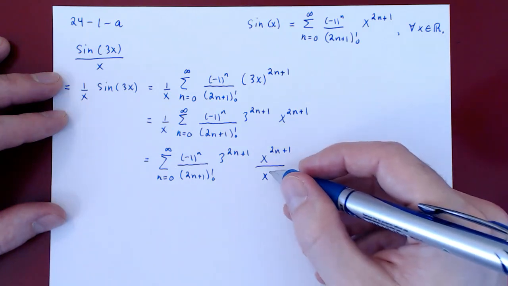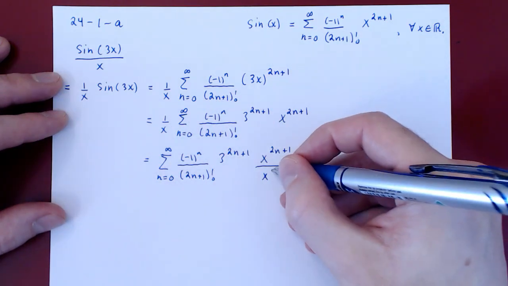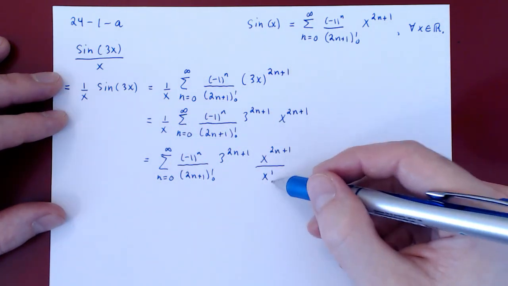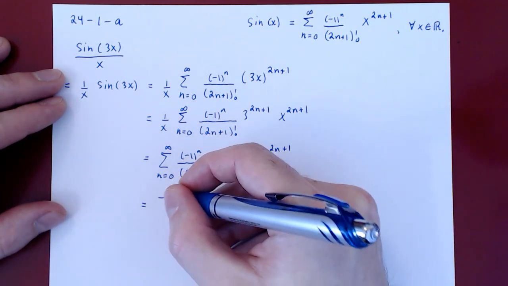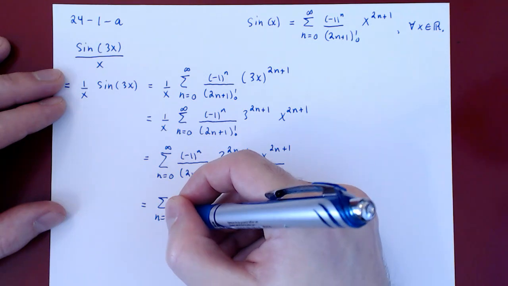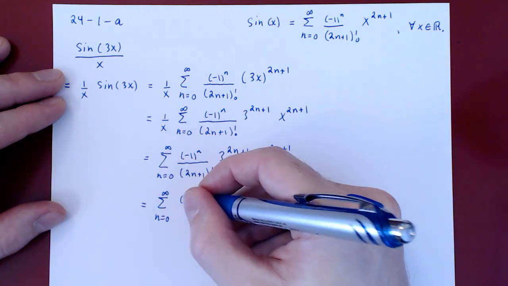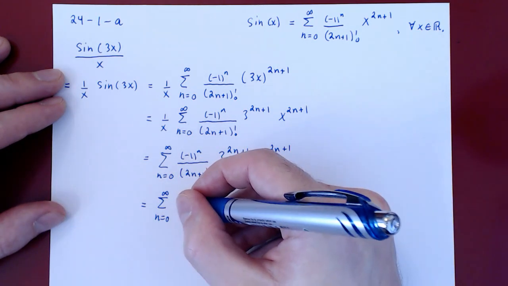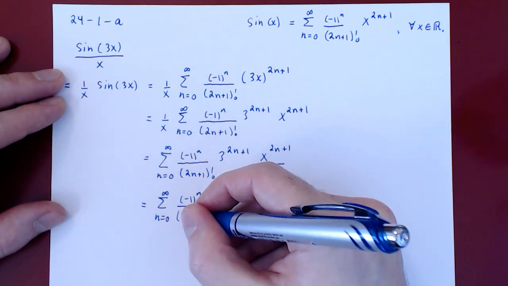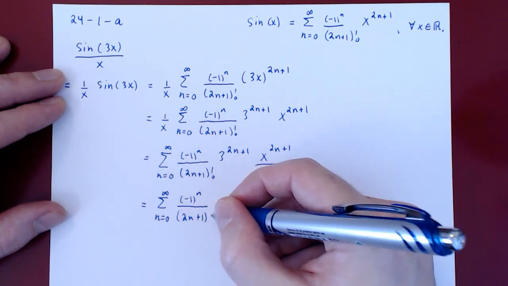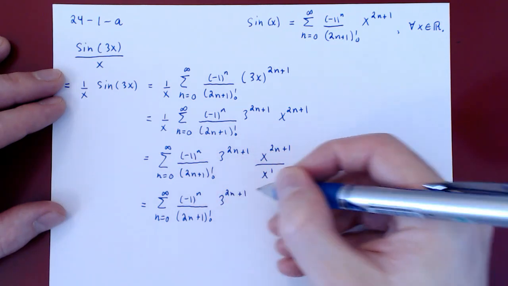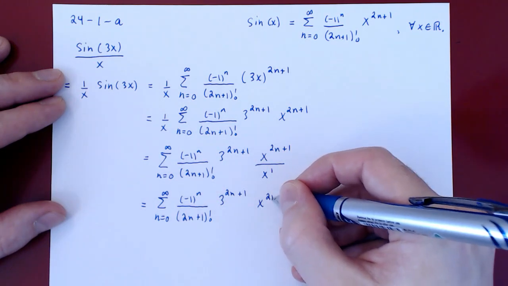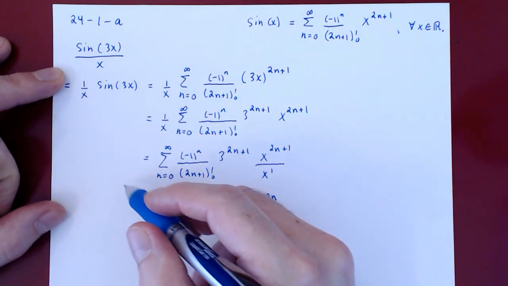Of course, x is x to the 1, and we can simplify by subtracting the exponents. And we can now write our conclusion.